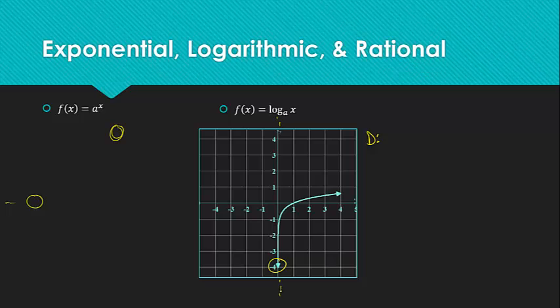Since we can't touch our asymptote, 0 is not included, so parentheses, comma. Our biggest number x can be, we have an arrow pointing directly to the right, so that means it goes on forever, infinity. And our range of our logarithmic parent function is, drumroll, forever downwards, so negative infinity, all the way to, we have an arrow going to the right upwards, so positive infinity.